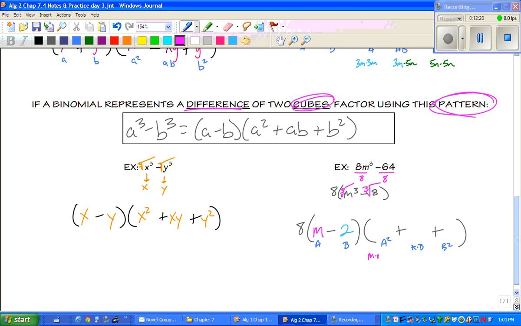So this is just m times m, which is m squared, m times 2, which is going to give you 2m, and then 2 times 2, 4. So then your final answer is all of that. Okay?